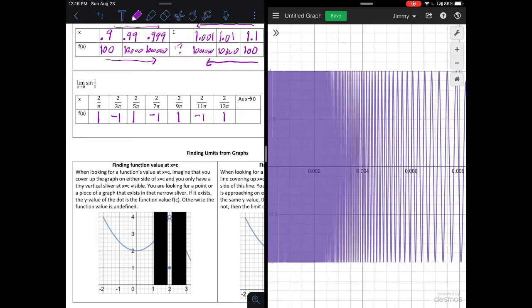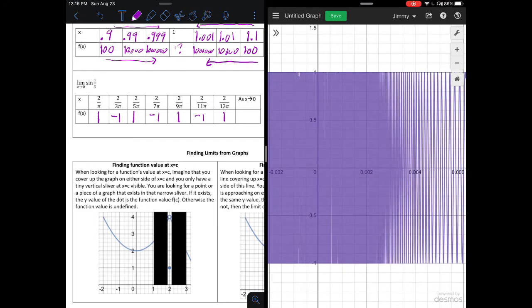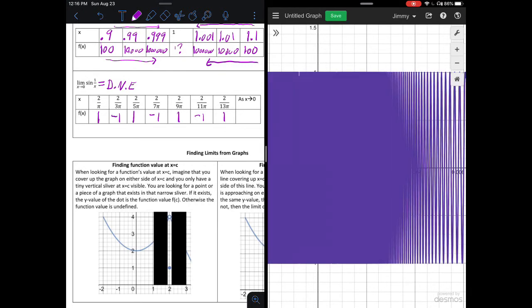It's making the inside of that sine function become undefined. And eventually it's getting to the point where it's taking an infinite number of oscillations as it starts approaching that x value of 0. And so this limit does not exist because this sine function is not approaching a single value as x is getting closer to 0.